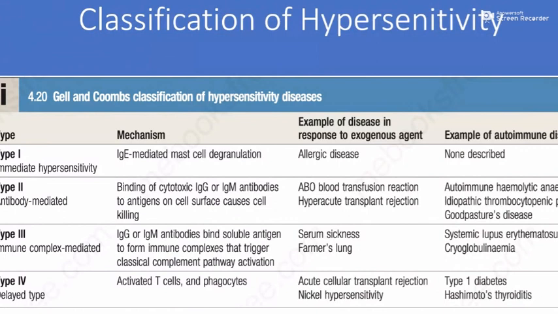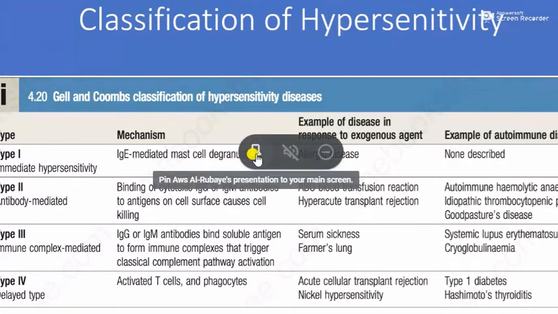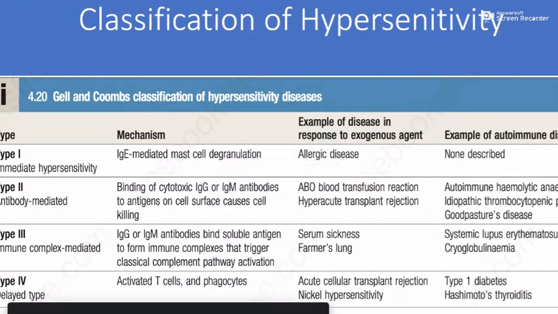And as examples of autoimmunity, it results in type 1 diabetes and Hashimoto's thyroiditis. Hashimoto's thyroiditis is an inflammation of the thyroid. It results in transient hyperthyroidism, followed by a phase of euthyroidism, followed by hypothyroidism.